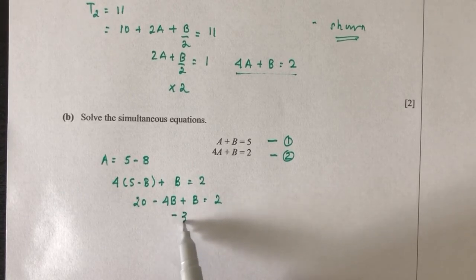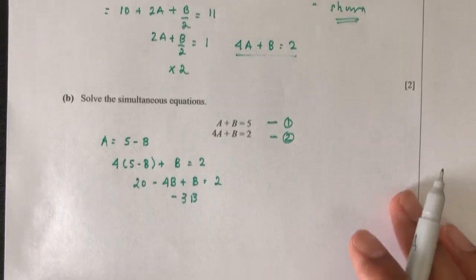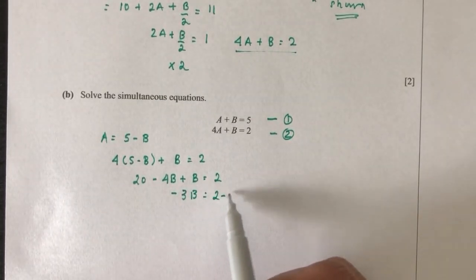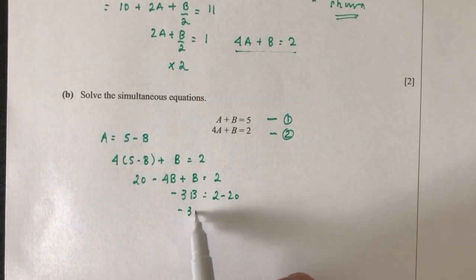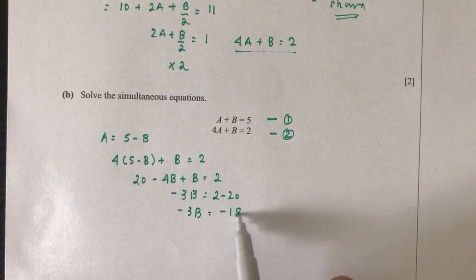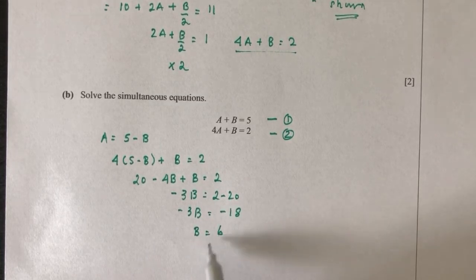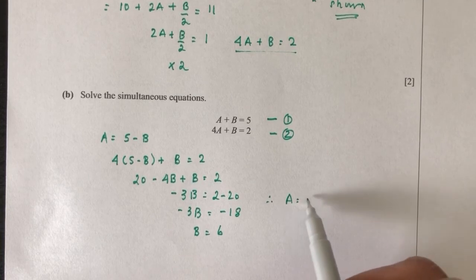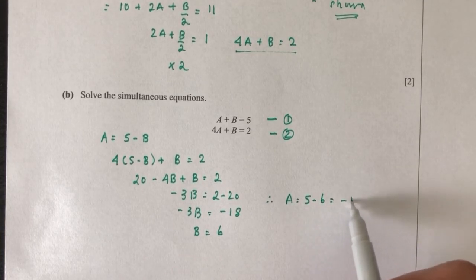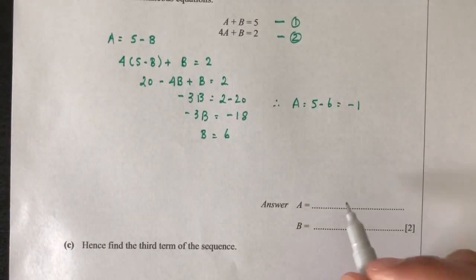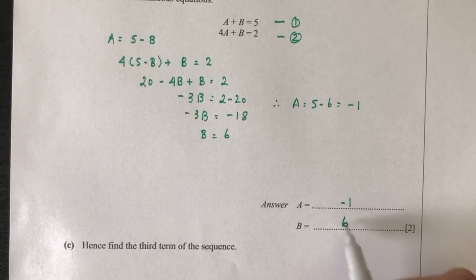So minus 3b is equal to 2 minus 20. So minus 3b is equal to minus 18. So b is equal to 6. The value of a will be 5 minus 6, which is minus 1. a will be minus 1 and b will be 6.